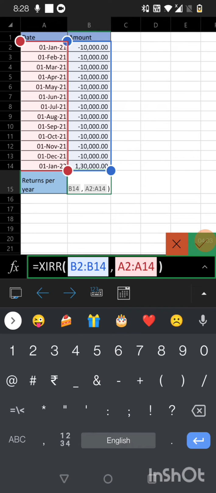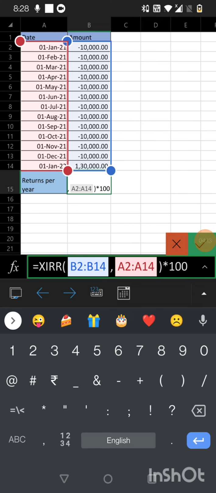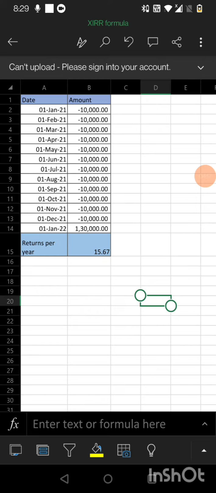Then close the bracket. Okay, so now you understood. You can see here my rate of return per year is 15.67. I hope you can see the value here. This is the rate of return actually.